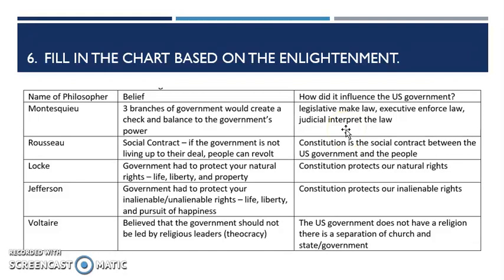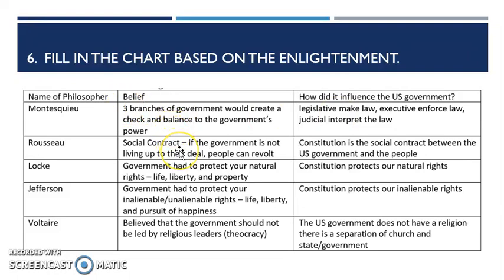If the judicial thinks that the law is illegal, like it's not constitutional, then they throw it out. And therefore, that's a check to the legislative and the executive power. So we always have checks and balances to the government's power. No one branch is more powerful than any of the others. They're all equal in power.